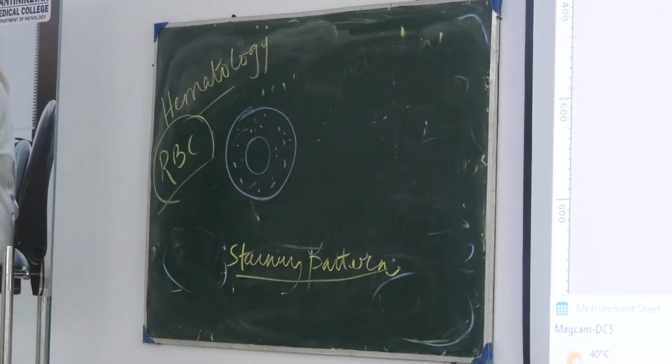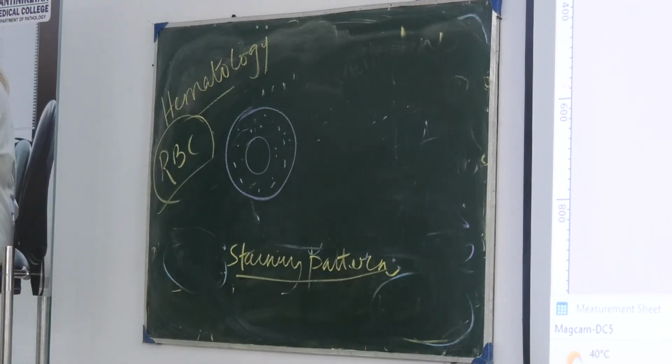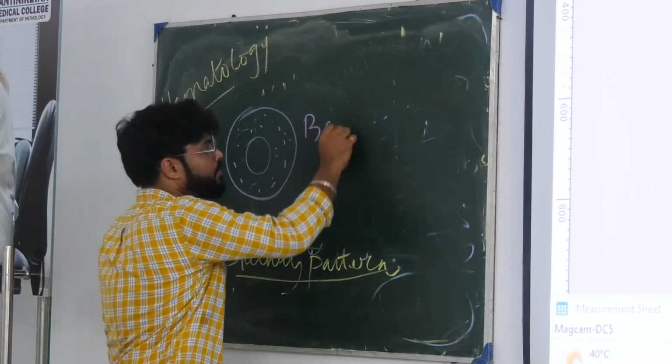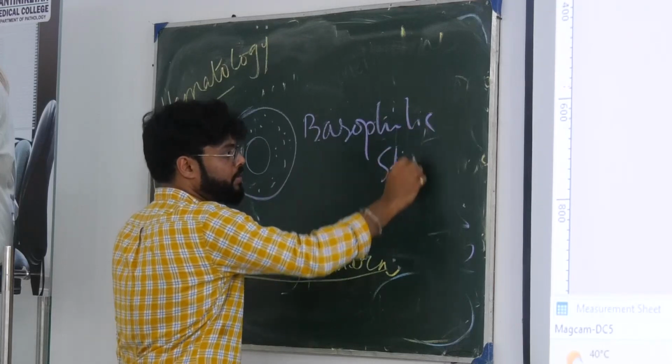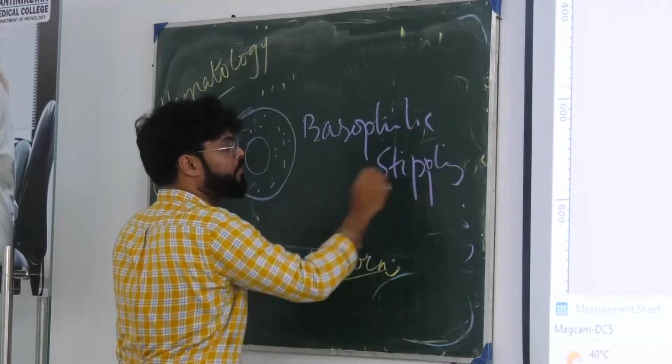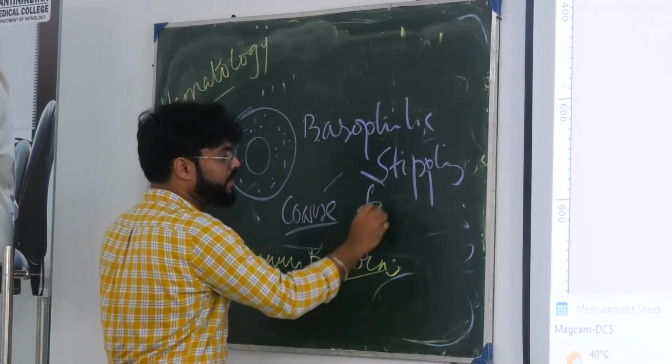The basophilic dotted material in the cytoplasm, actually they are present within the mitochondria. So these dotted basophilic materials are nothing but remnants of chromatin. It's known as basophilic stippling. It might be coarse, might be fine.